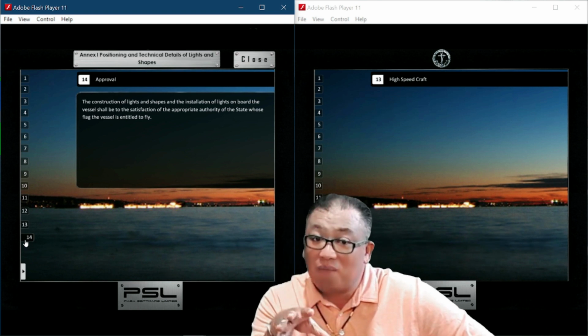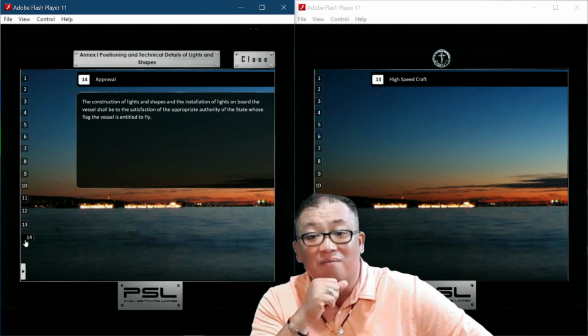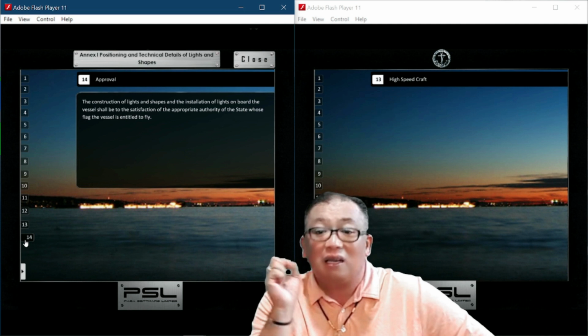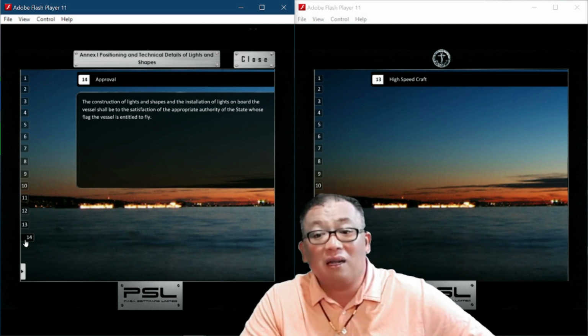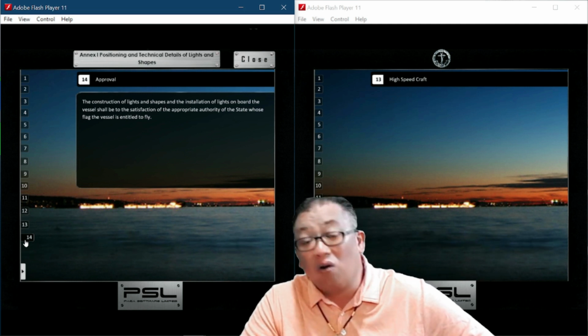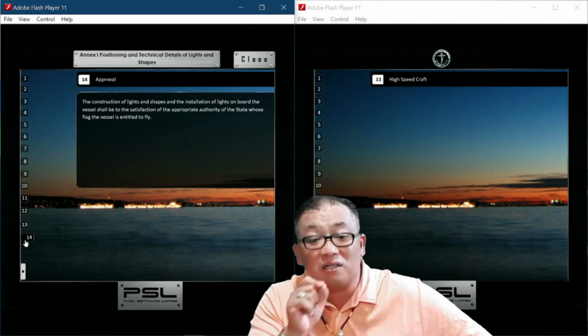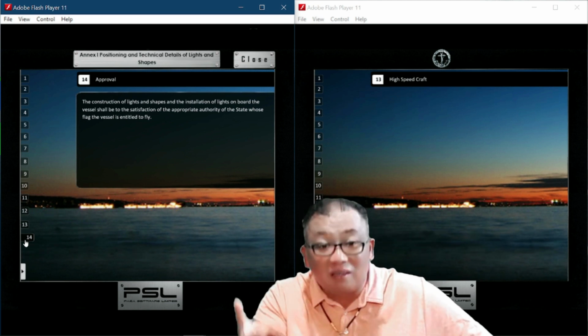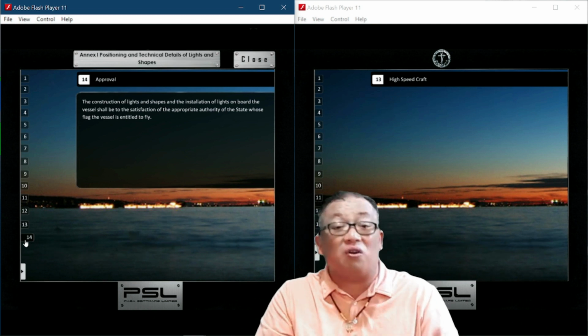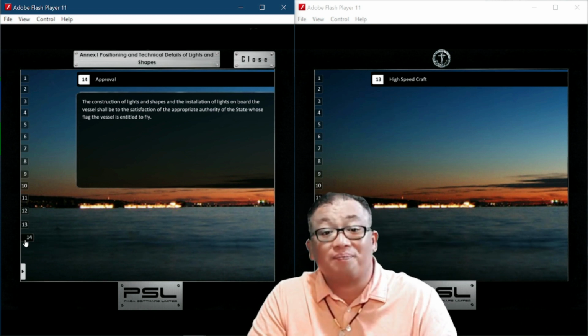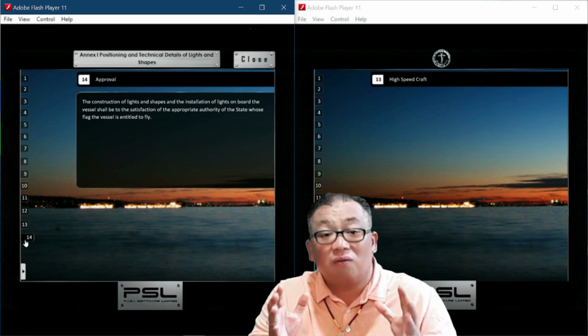If it is a Panama flag, the Panama state is the flag state. We will send a Panamanian inspector or the flag state inspector, regardless of nationality, to your vessel when you are constructing a ship or making a revision in the dry dock, in order for them to approve.